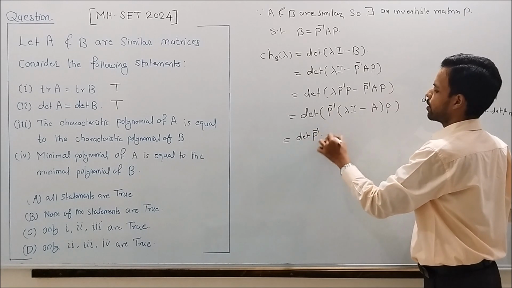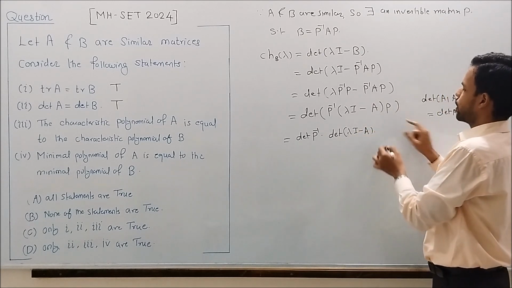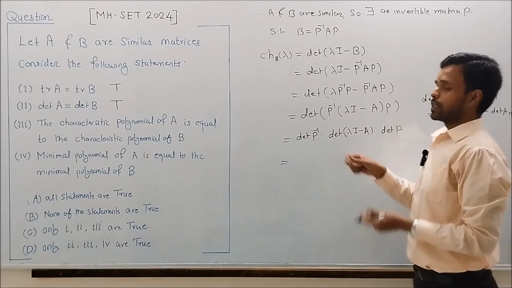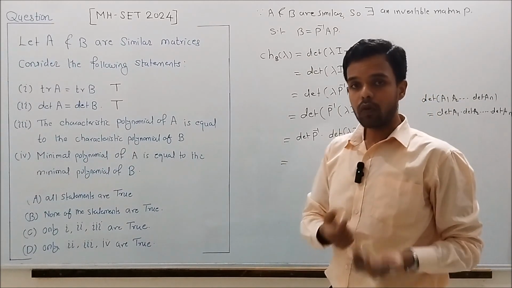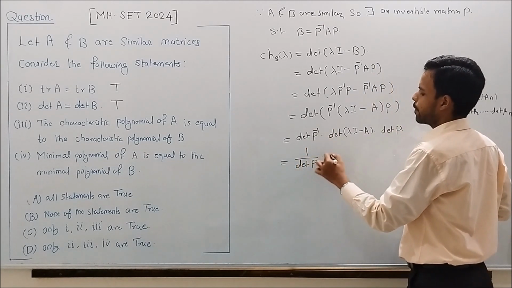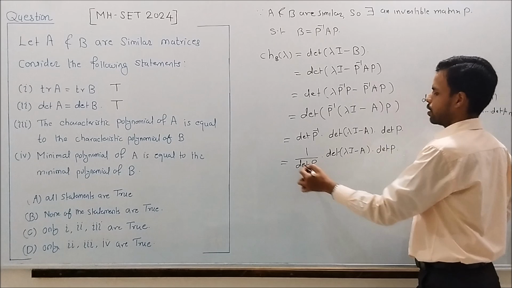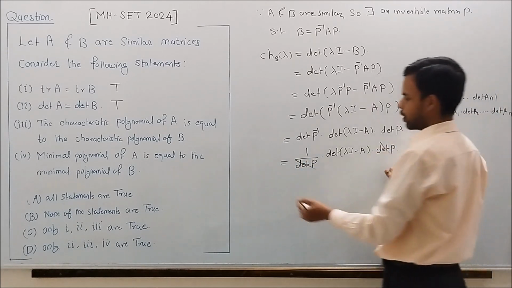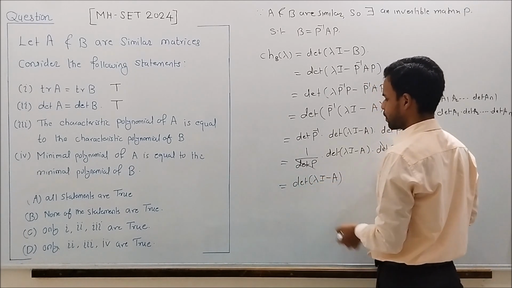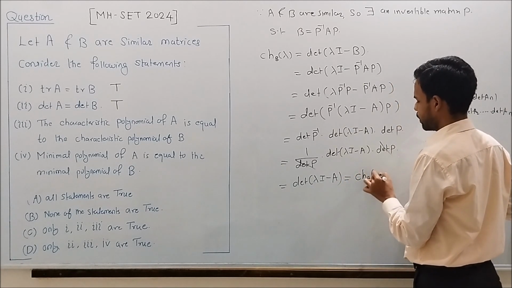Determinant of P inverse times determinant of lambda I minus A times determinant of P. And as seen earlier, as P is an invertible matrix, determinant of P is non-zero, and by properties of determinant, determinant of P inverse is nothing but 1 upon determinant of P. So these get cancelled out. What remains? Determinant of lambda I minus A, which is nothing but the characteristic polynomial of matrix A.